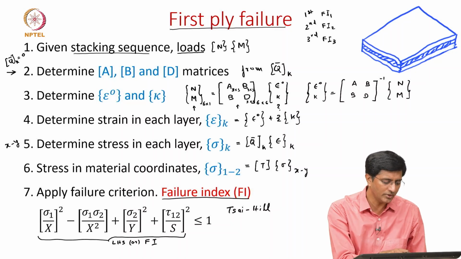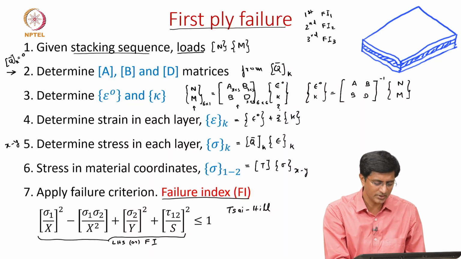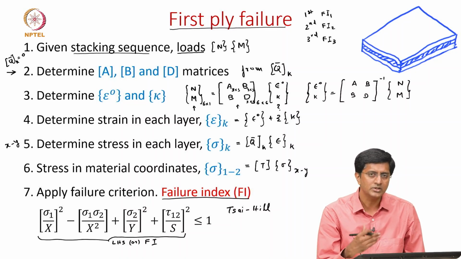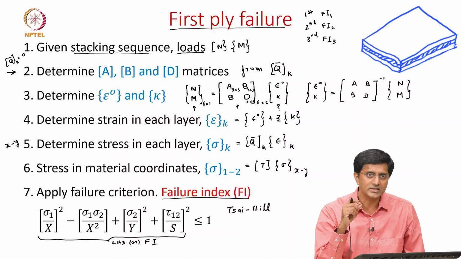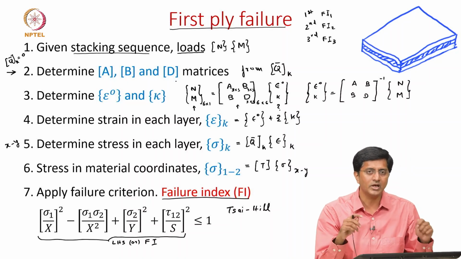Once we know the ABD matrices, we determine the midplane strains, then strains in each layer, then stresses in each layer, first in the body coordinates and then in the material coordinates, and finally come down to the failure index. What does this do? This helps us again assess which is the second layer that will fail. The way we are doing this is by updating the stiffness of the laminate.